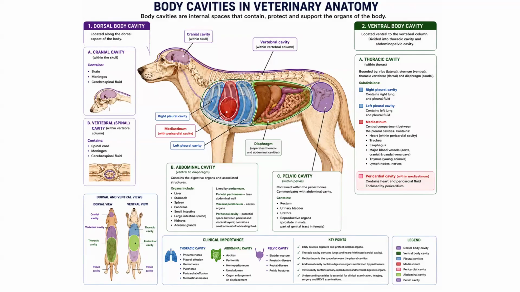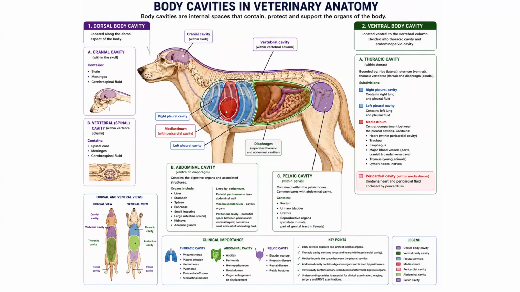So the cranial cavity is found within the skull, and that is what houses the brain. While the vertebral cavity is found within the vertebral column, which houses the spinal cord. That's when you talk about the cervical vertebrae, the thoracic vertebrae, the lumbar vertebrae, and the coccygeal vertebrae.